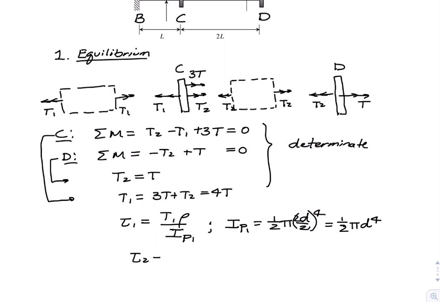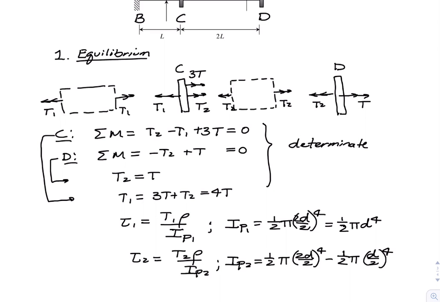Tau 2, that's going to be torque 2, the radial distance rho, divided by IP2. IP2, keep in mind, is a tube, so we take the 1/2 pi times 2d over 2 to the 4th, and subtract away the material that makes up this hole, so that's 1/2 pi times d over 2 to the 4th.